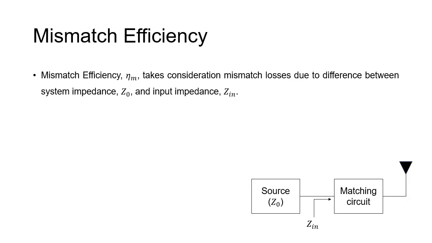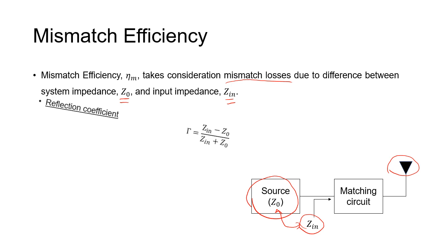The second form of efficiency is the mismatch efficiency, which takes into consideration the mismatch loss due to the difference between the system impedance Z naught and the input impedance Z input. Because if we have a matching circuit that matches our antenna to the source, at its input we will see some kind of impedance, and if there is any mismatch between Z input and Z naught, this will cause losses.